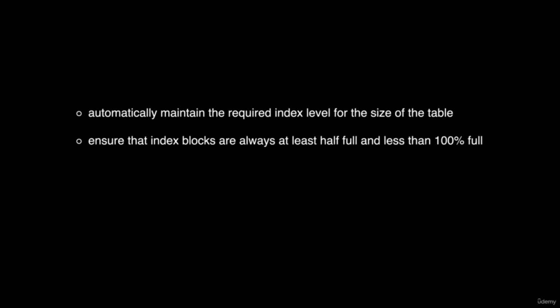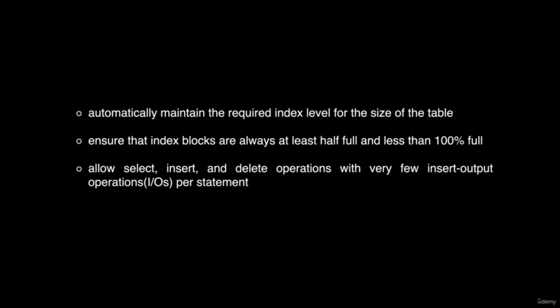B-trees automatically maintain the required index level for the size of the table. B-trees also ensure that index blocks are always at least half full and less than 100% full. B-trees allow select, insert, and delete operations with very few input-output operations per statement. Most B-trees have only 3 or fewer levels.